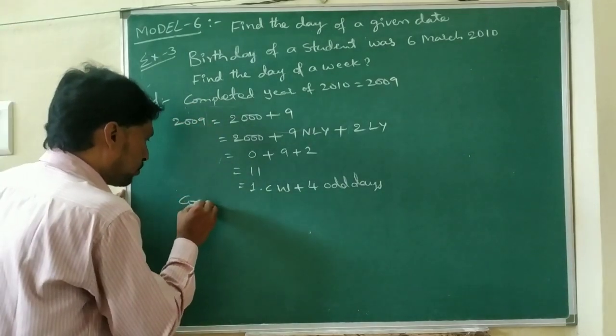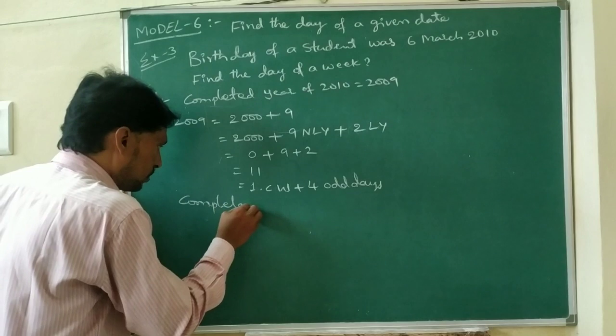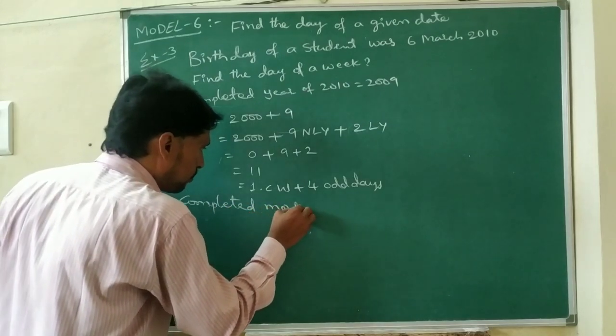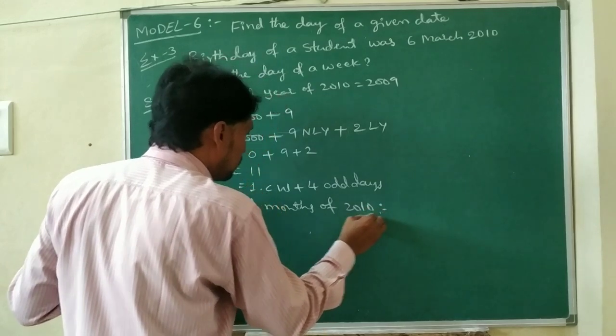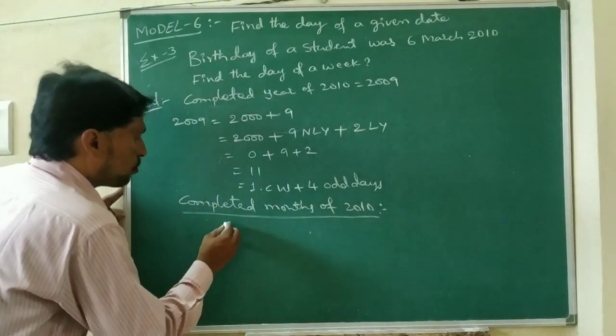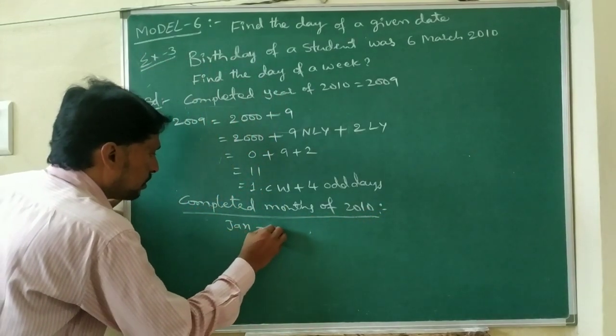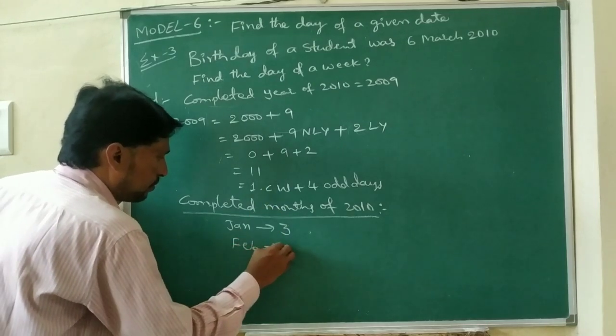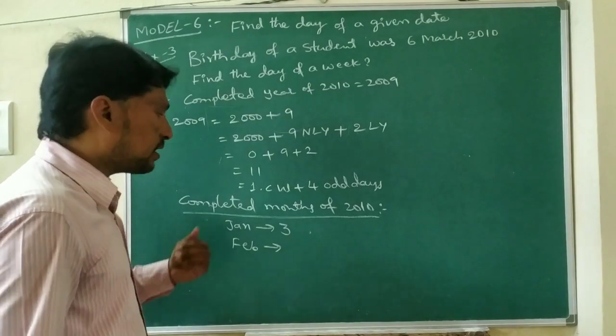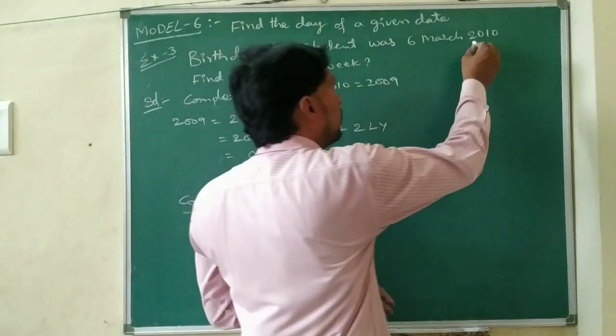Now completed months you have to take, completed months of 2010. So completed months means here January will be 3 odd days. February, when we are taking February, just you can see the year.